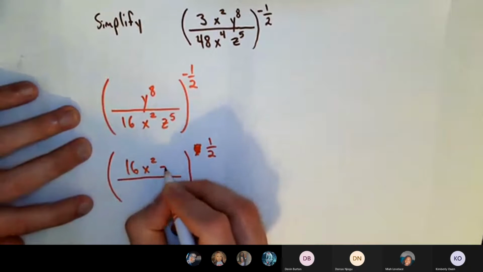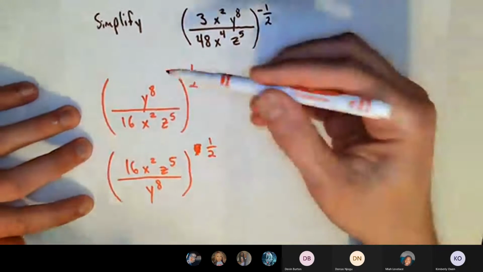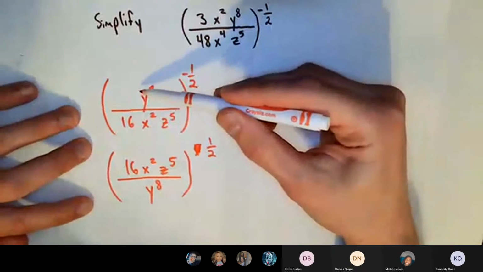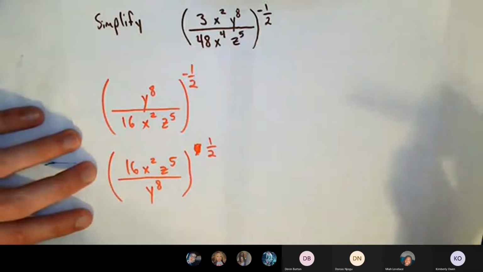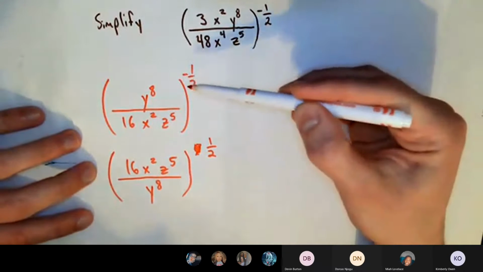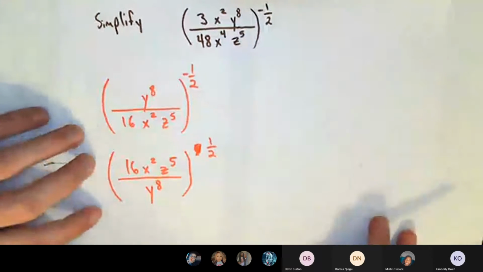So that means this stuff goes up here and the y to the 8th goes down there. If any of these exponents were negative, like say if the 8 was negative, I would still flip it to the bottom. It would just be in the bottom now. So all that happens when I use up this negative on the outside is the entire fraction inside just flips upside down. All right.